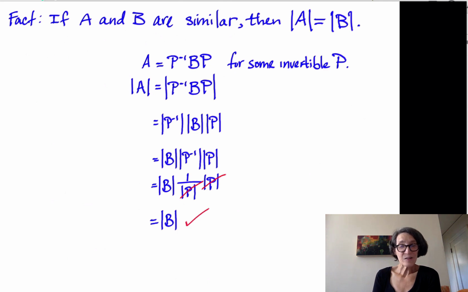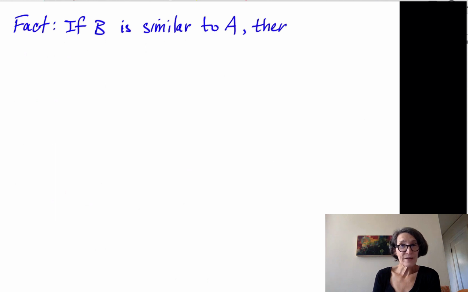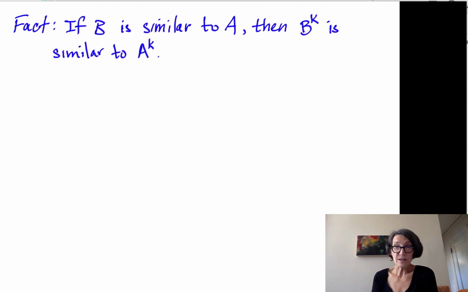And then the last property we're going to prove is if B is similar to A, then B to the K is similar to A to the K. So all of these properties make computation much, much easier. And if we have a diagonal matrix that's similar to the matrix that we have, then these computations are almost trivial. So let's look at what the powers of these matrices look like.